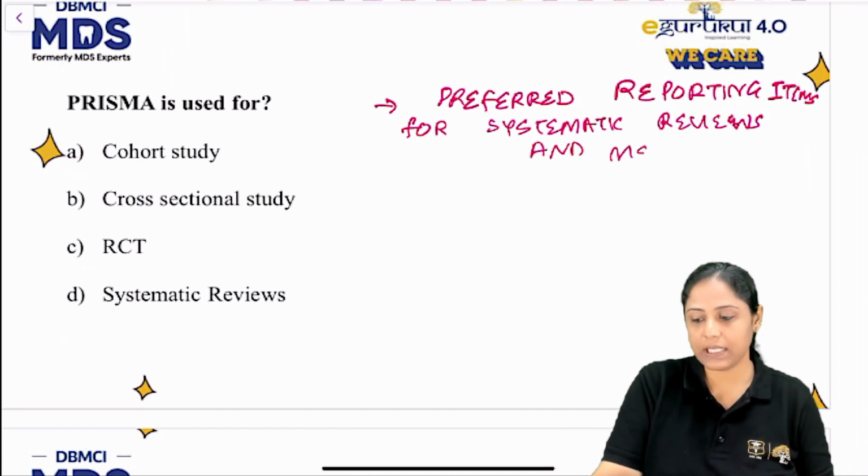So the choices given here are cohort study, cross-sectional study, RCT and systematic reviews.